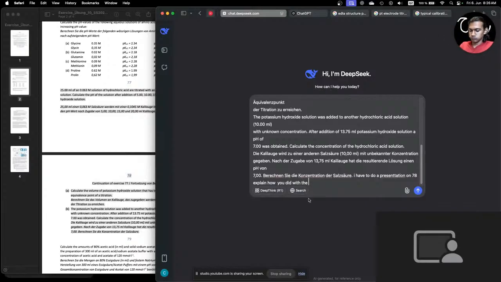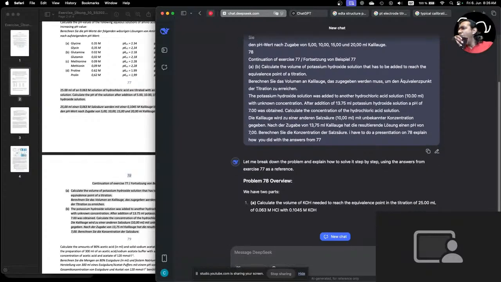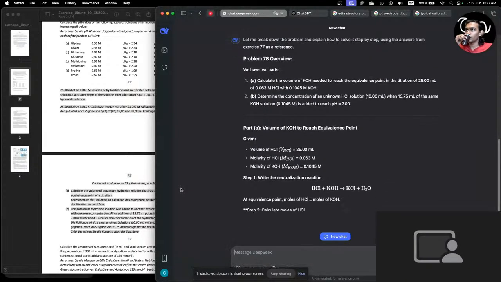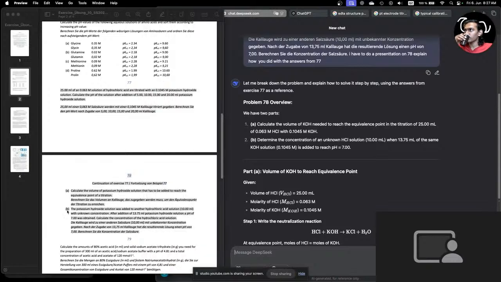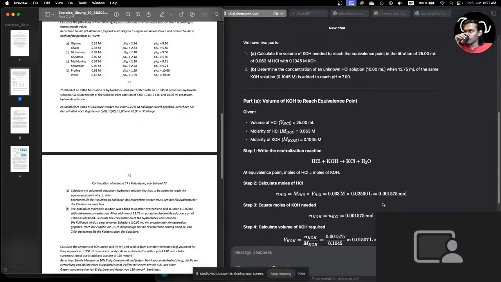How do you do the neutralization equation?